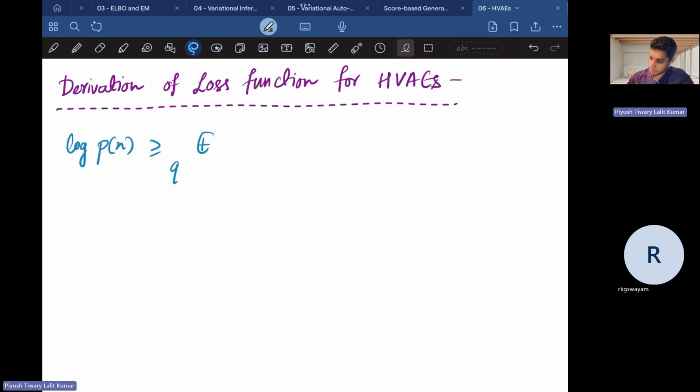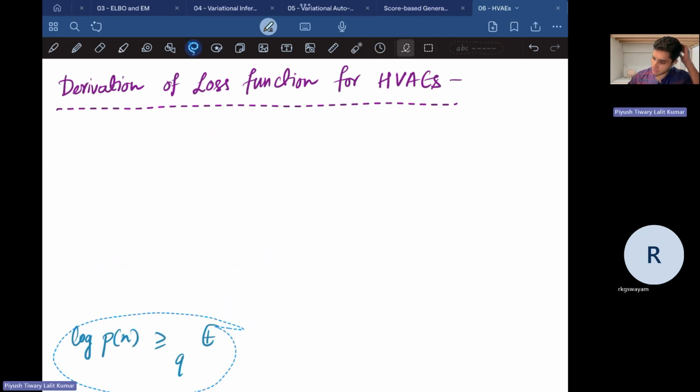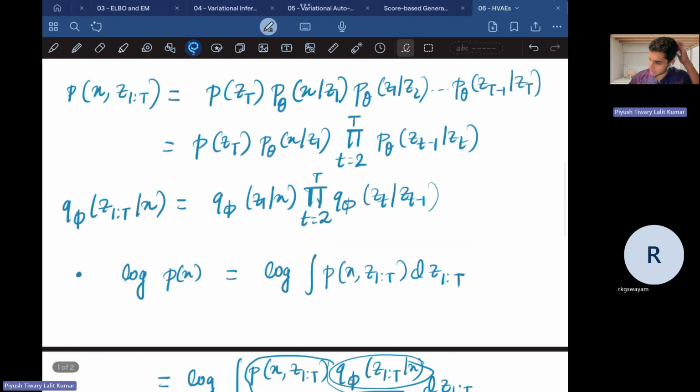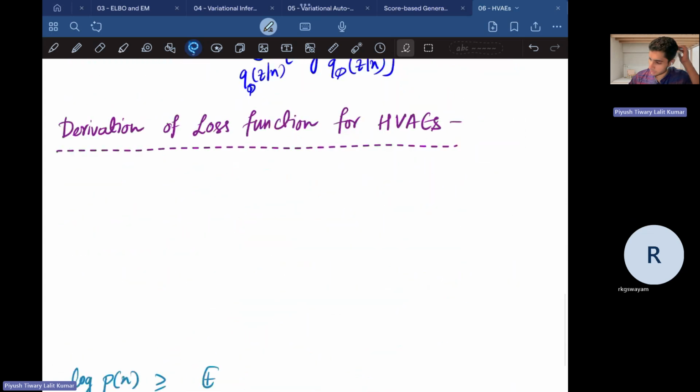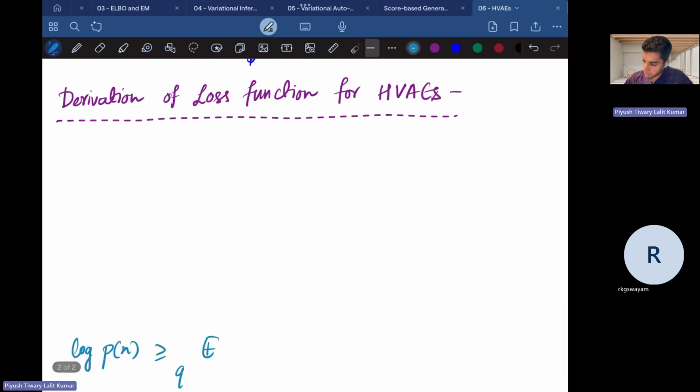Actually, let me make some notational changes. Instead of calling these z's, we will call them x1, x2, x3, and so on. What do I mean by that?